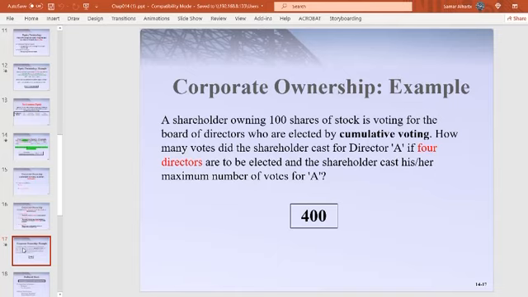Okay, now just try to understand what is happening with cumulative. Let's say for each director he had 100 votes, but he chose to vote for a single person, right? So he used all 100, 100, 100, 100 votes just for Mr. A. So how many total votes can he give Mr. A? 400 votes. Okay?